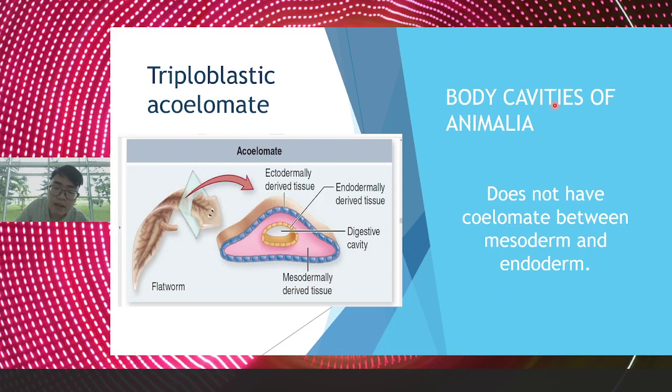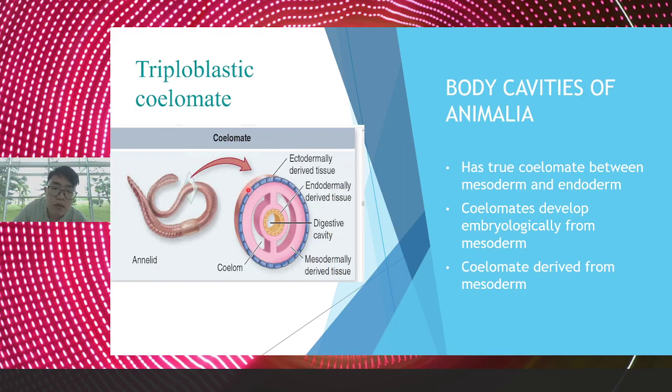So if you see cavities, you can say it is like a hole. There is air space within the cells. Actually, all of these have some air space in the middle part.